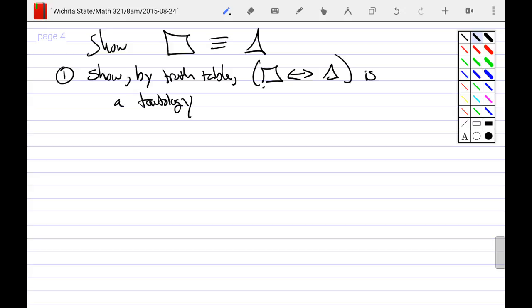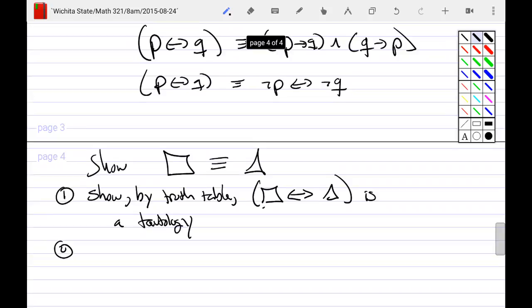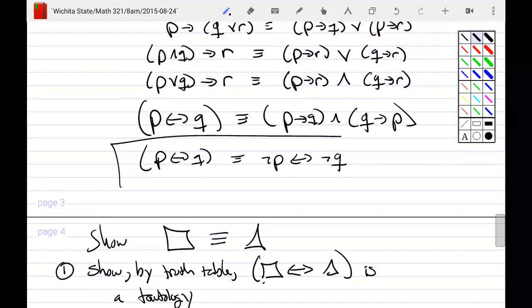Just make a really big truth table and show you have a tautology. The second approach actually has two. And what this does is it gets down to this statement right here.